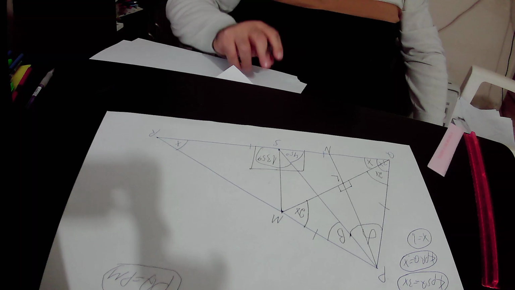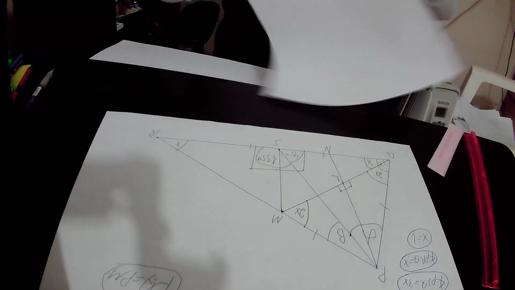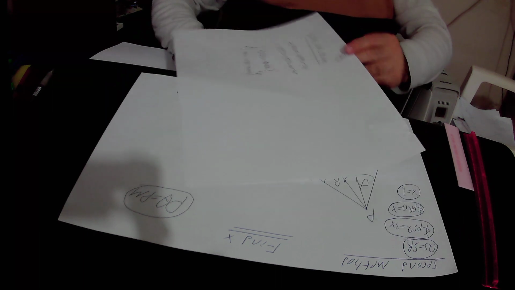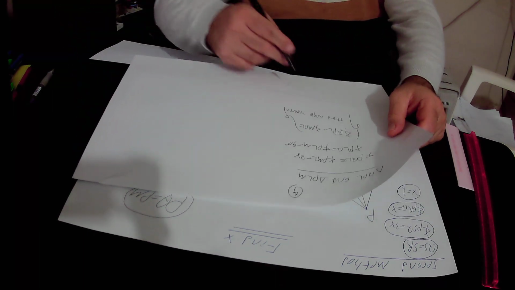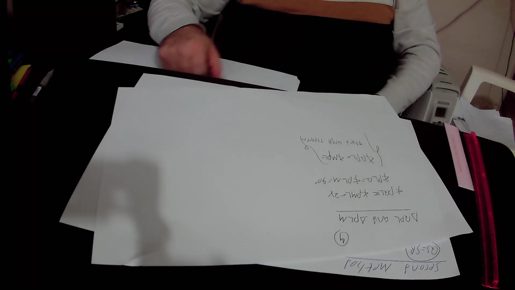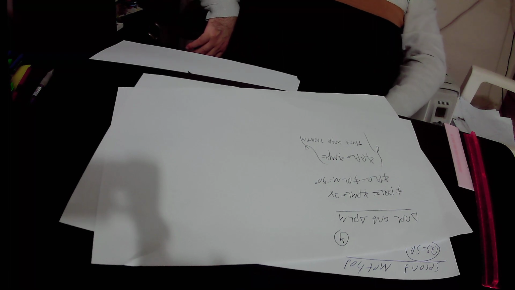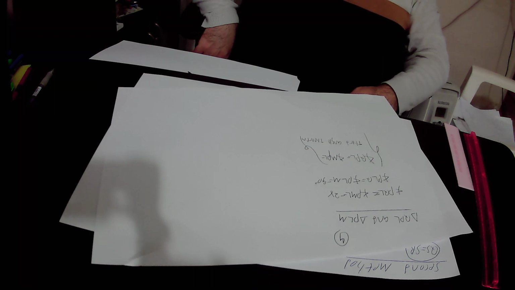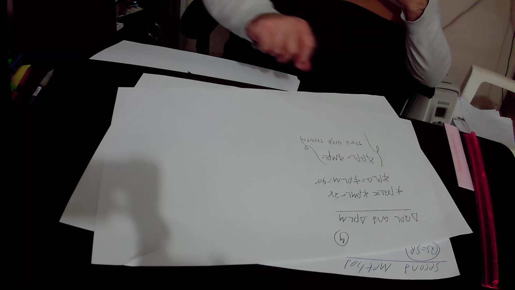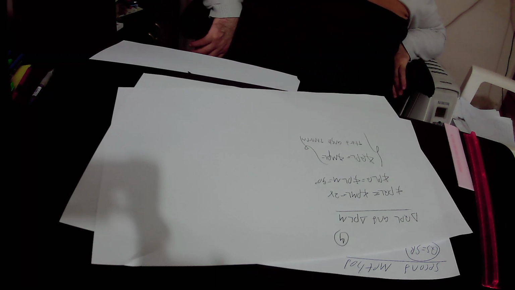I repeat again. Angle QPL equals angle MPL, and they are equal to each other according to the theorem. So what is the theorem? The theorem is that if two angles in one triangle are congruent to two angles in another triangle, then the third pair of angles must also be congruent. Why? Because the angles of a triangle sum to 180 degrees.